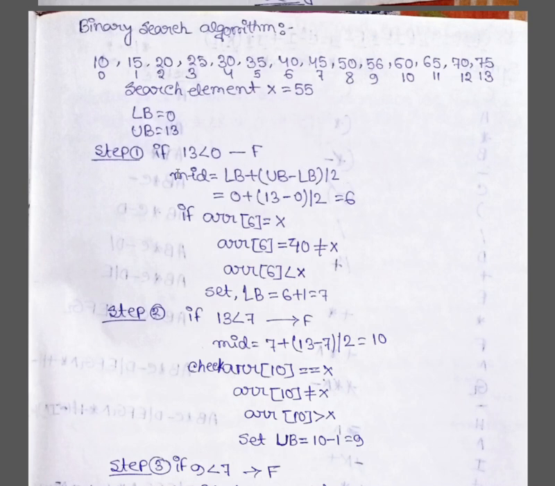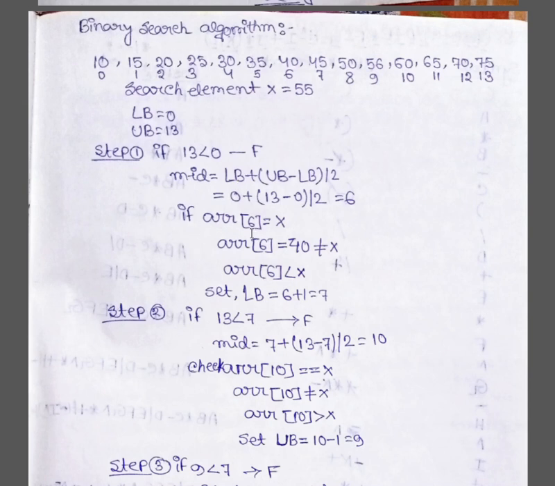That means we have to find the middle position, because for binary search the array is divided evenly into two parts. So we have to find the mid position using this formula. If this condition becomes false, then only we enter this situation.